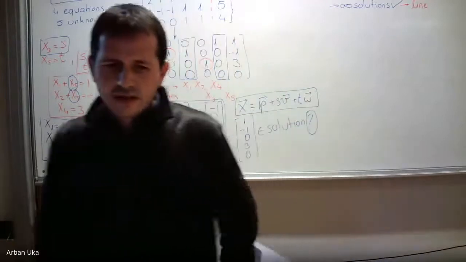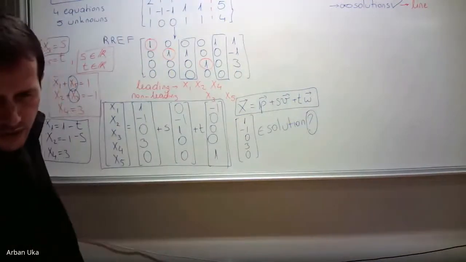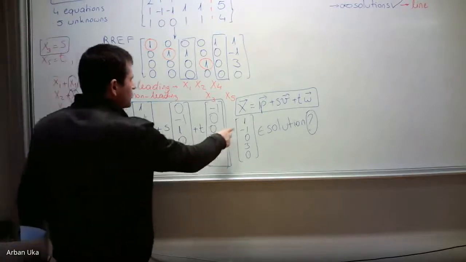We can assign any values to x3 and x5, and then the values of the others, x1, x2, and x4, will be determined. Okay, but I'm just asking about this specific one, which is drawn on the board. So could this be a solution?